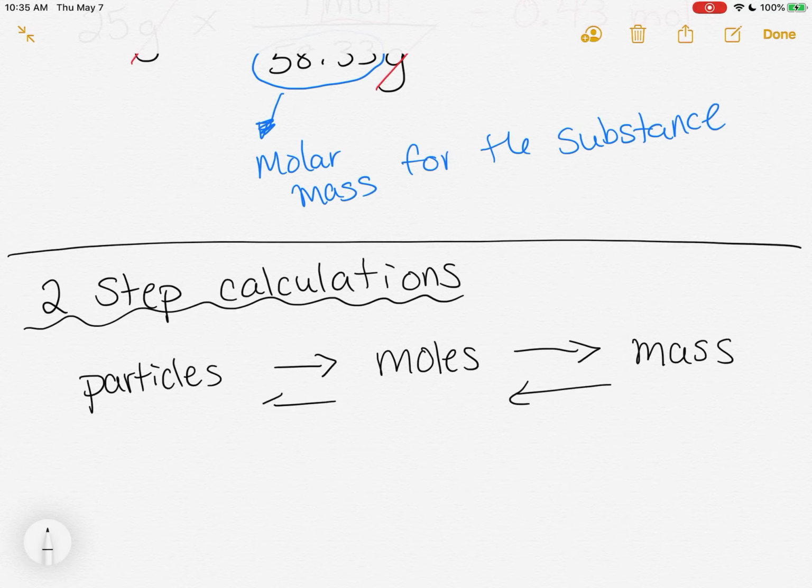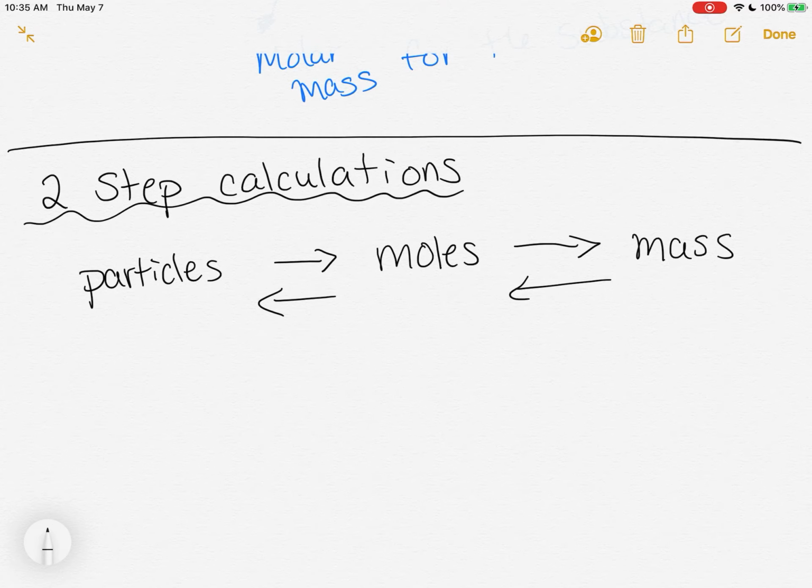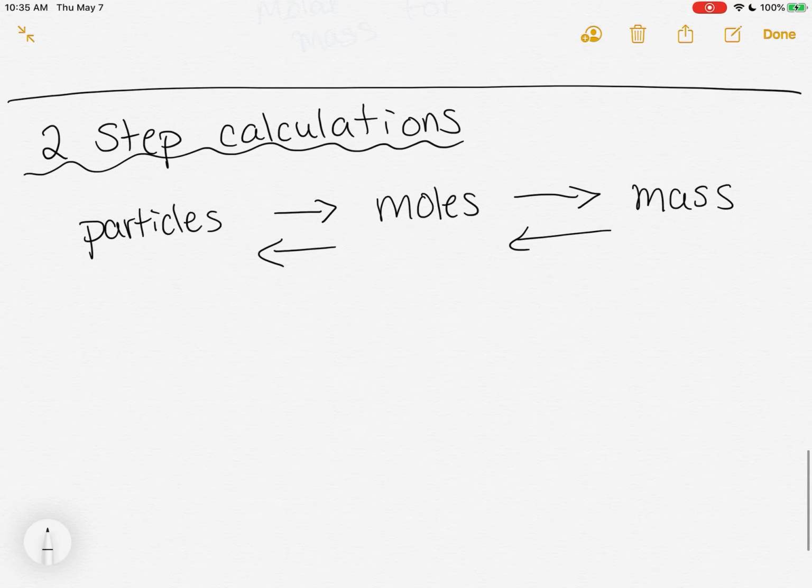Or we're going to go backwards. We're going to go from mass to moles, and then from moles back to particles. Because particles and moles have a conversion factor that we can go between, and so do moles and mass, which means we can go from mass to particles by making a stop at moles. So we are going to start right into some practice here.